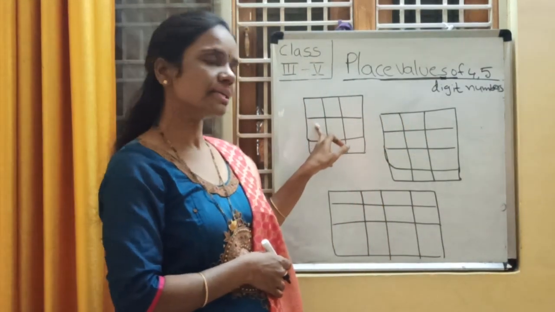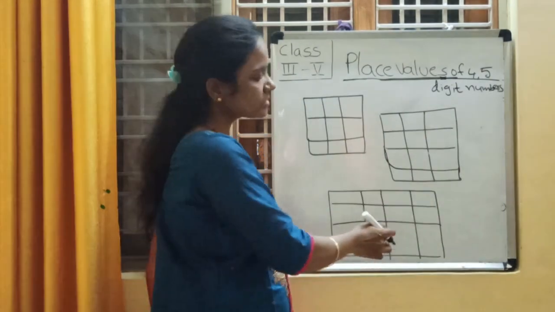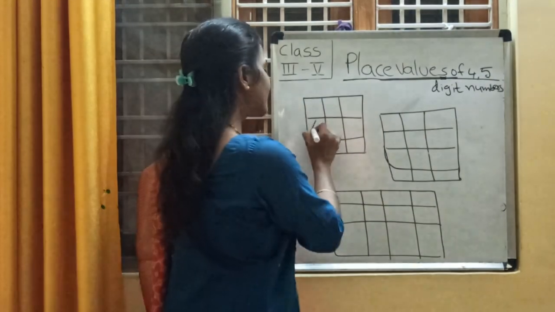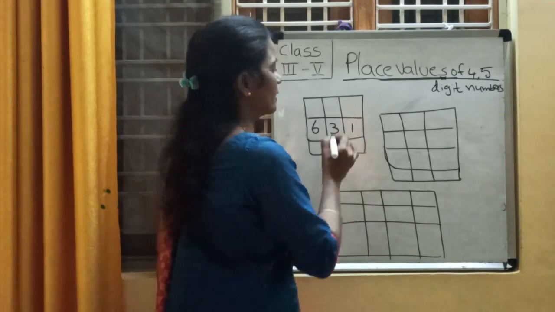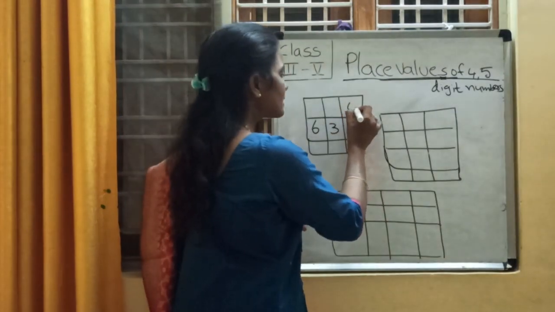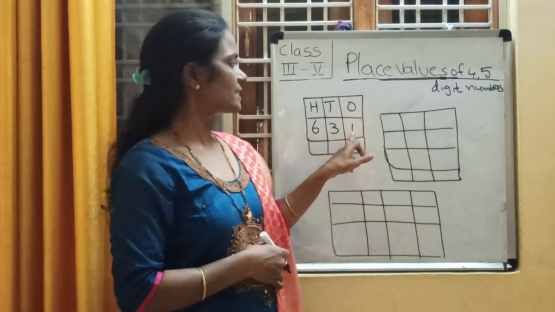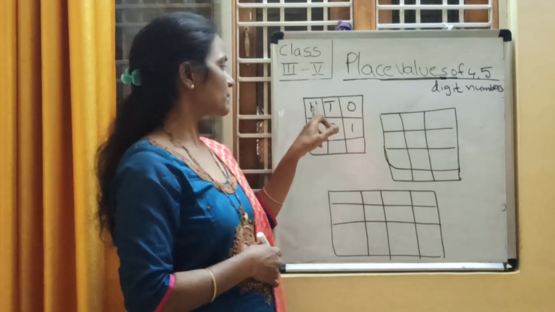This box is for 3-digit number, and this is for 4-digit number, and this box is for 5-digit number. Take a 3-digit number, 631. Write down the places, ones place, tens place, hundreds place.